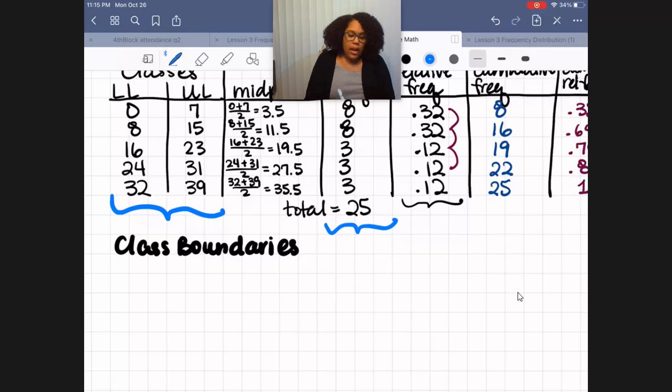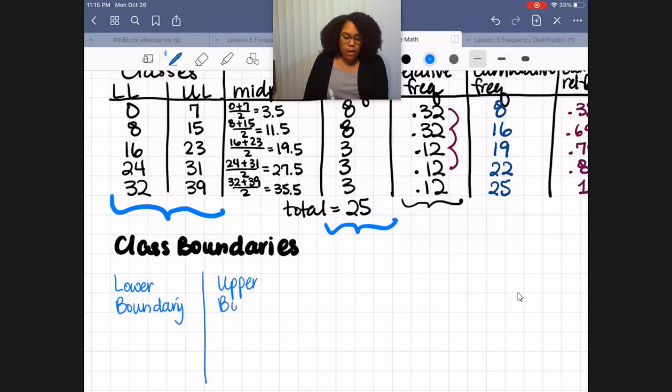So I'm going to now create a lower boundary and an upper boundary, and I'm going to create these from our class limits. Well, we've already talked about the first class upper boundary. We're going to stretch that out to 7.5. And then on our next class, where we have 8 to 15, we're going to back up the 8 to 7.5.